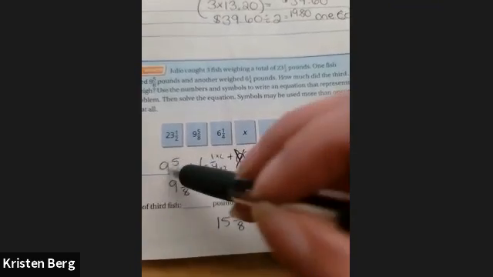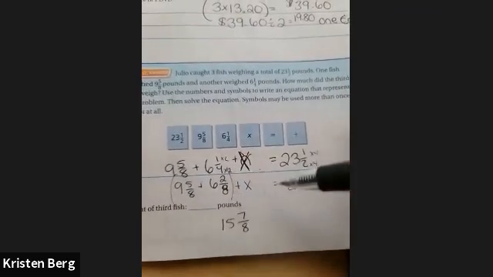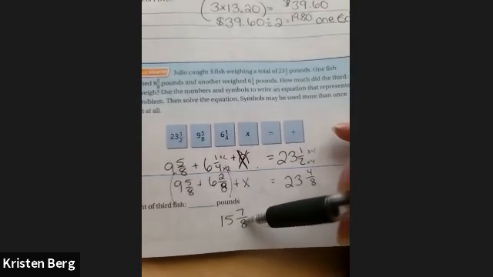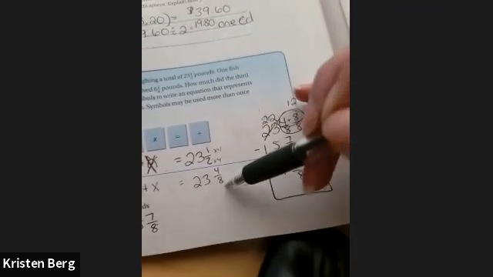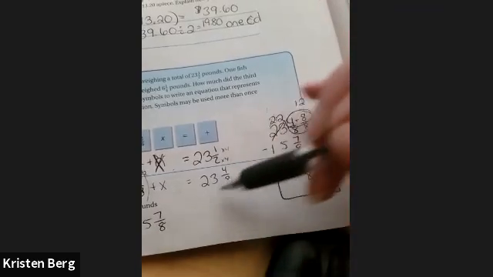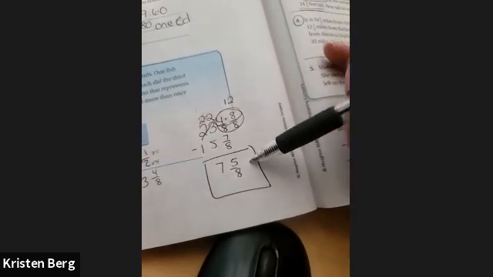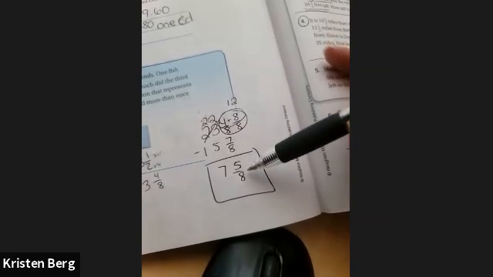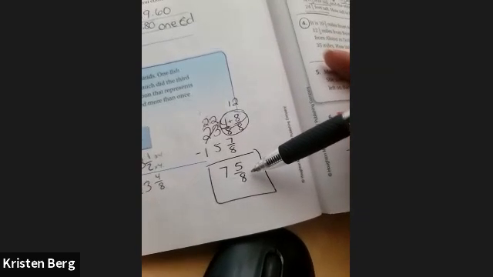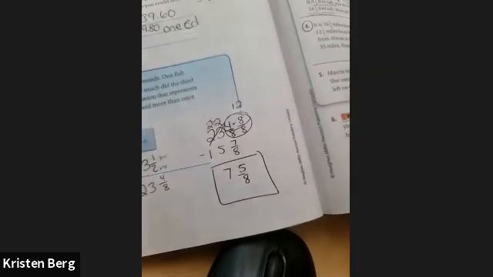So what you should have done here is add this together, which would have been 15 7/8. And then you could have subtracted the difference between these two to figure out what is remaining. So if you did that, it would have come out to be 7 5/8. So that was your answer to that.